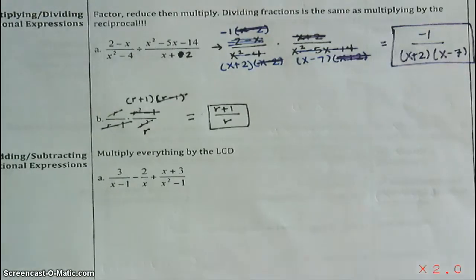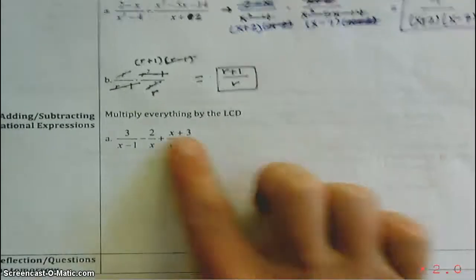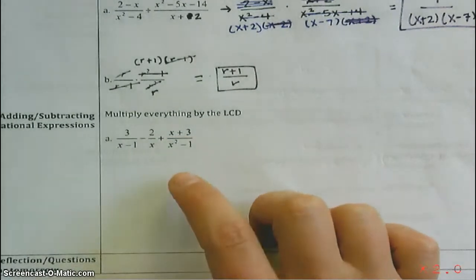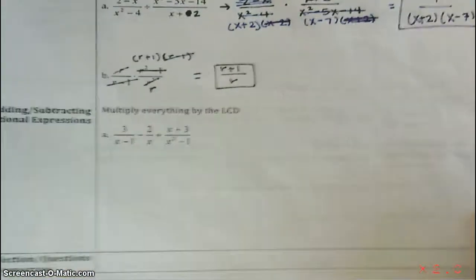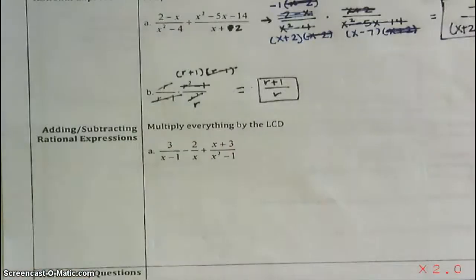This last part we're adding and subtracting rational expressions, and I'm going to do this on a separate sheet just for spatial reasons. If you have nice small handwriting, you can probably do it right here, but I have a piece of lined paper that I'm going to do this on. When you add and subtract fractions, you need to get a common denominator, and here's what you do if you have denominators with x's in them.